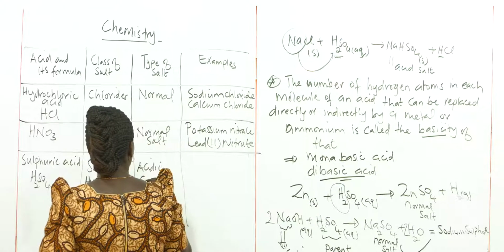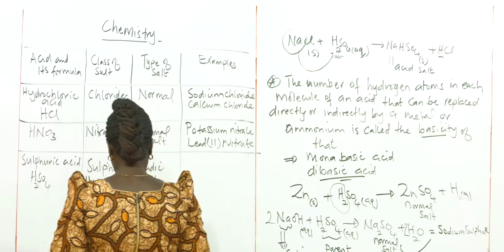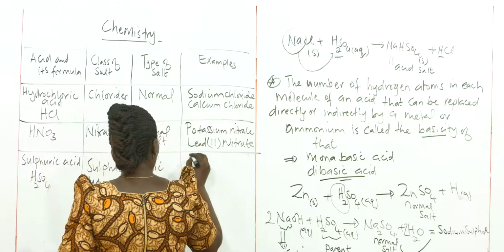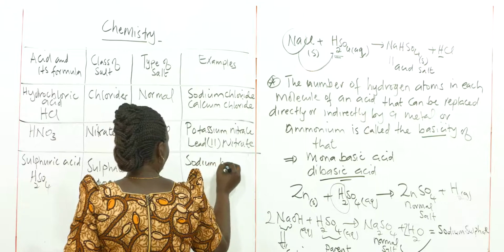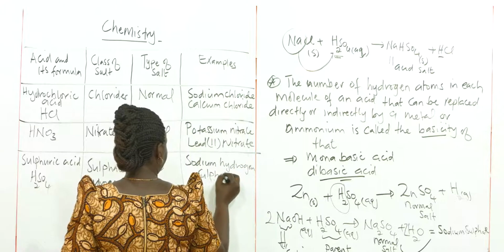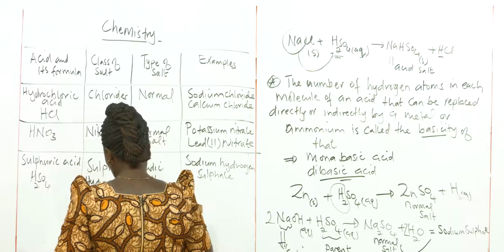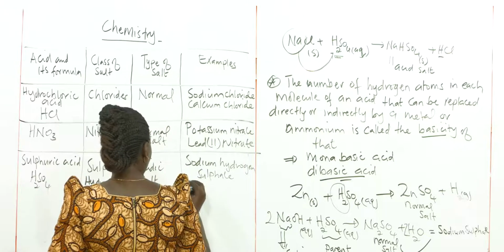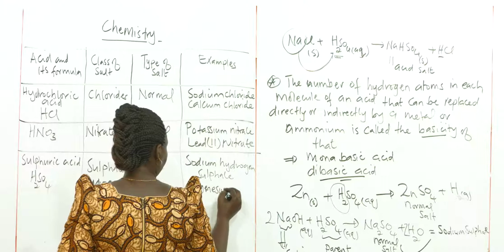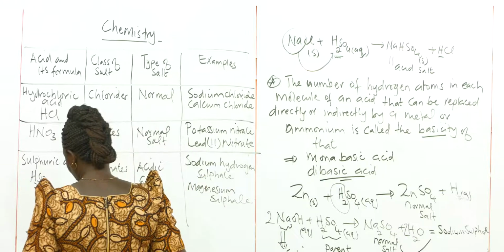Examples of the salt that we can have are sodium hydrogen sulfate, magnesium sulfate, or lithium sulfate.